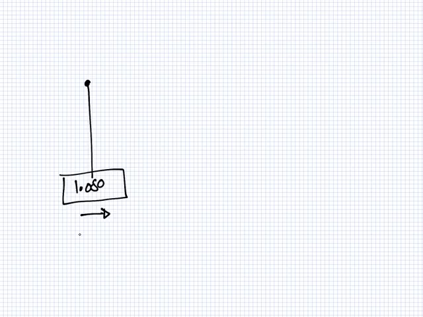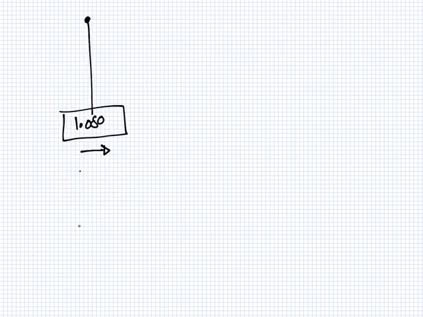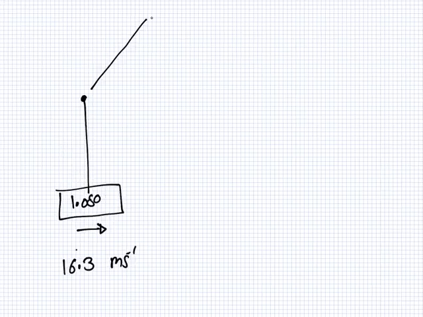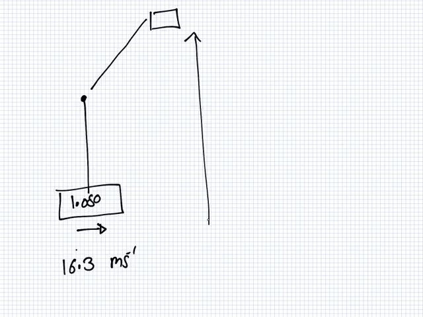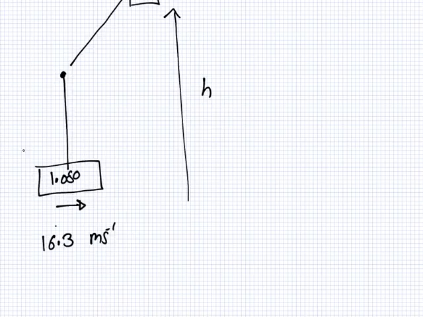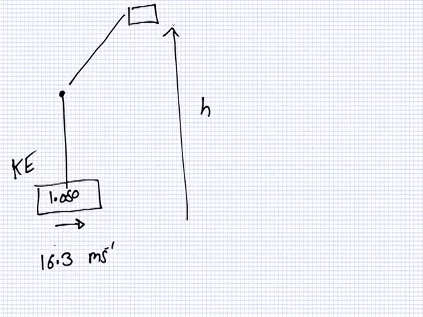So now what you have is a mass of 1.08 moving with a speed of 16.3, and this is going to swing up to some height. We want to know this height. So what is this? Conservation of energy. What energy does it have here? Kinetic. And what energy does it have here?